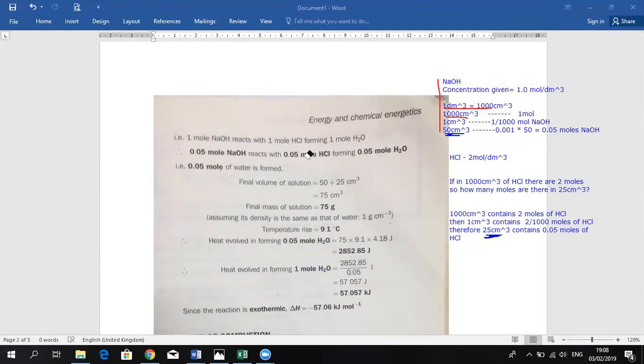So if I change the quantities used, for example, instead of 0.05 moles, if they say, all right, using 10 moles now, then you'll know that 10 moles of the sodium hydroxide had to react with 10 moles of the hydrochloric acid to produce 10 moles of water, because the balanced formula gives you that ratio.